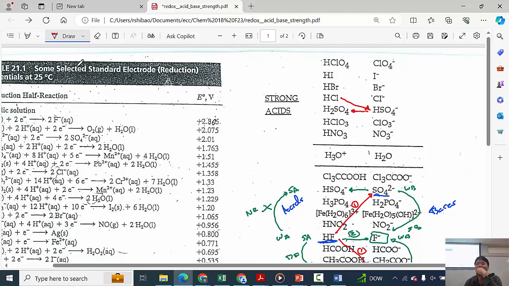That would be the same with the strong base pair. But it would work here, and so it works here and here. There's no problem. So any base stronger than nitrate? Sorry, any base equal to or stronger than water. Okay.